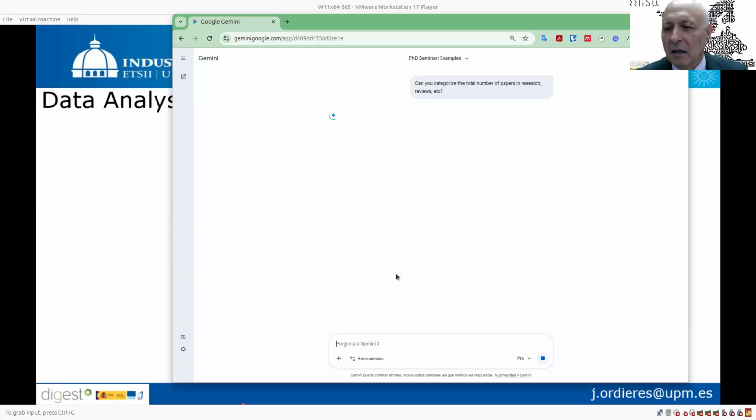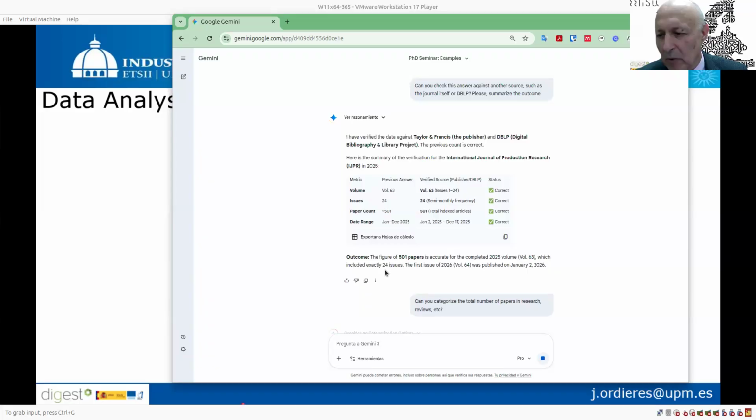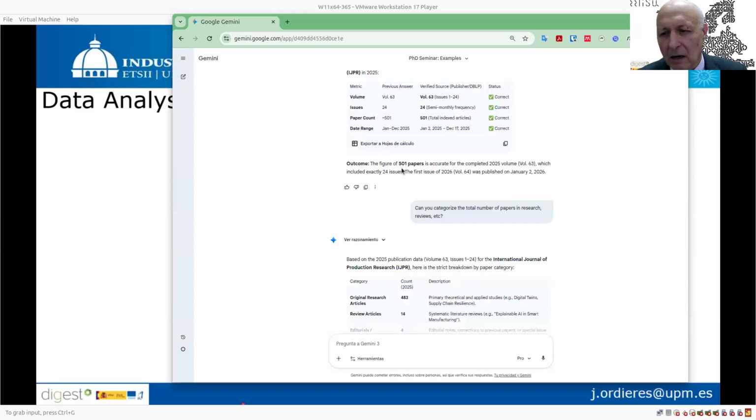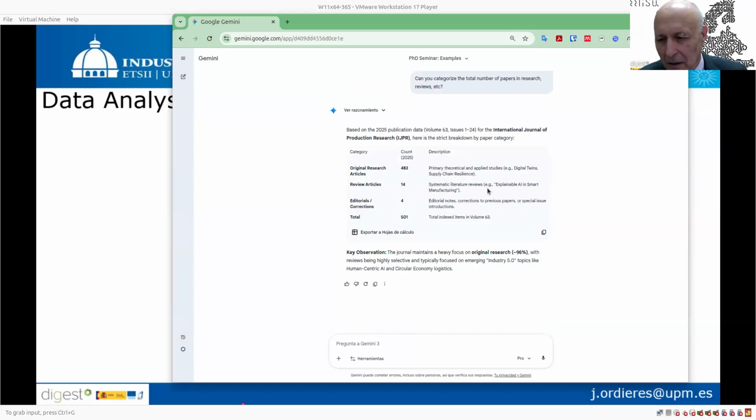So it insists on the figures it provides us based on the editor and the DBLP library, and it insists on around 501. Okay.